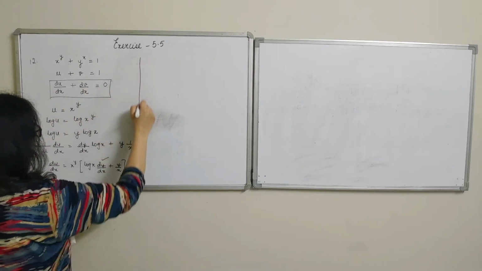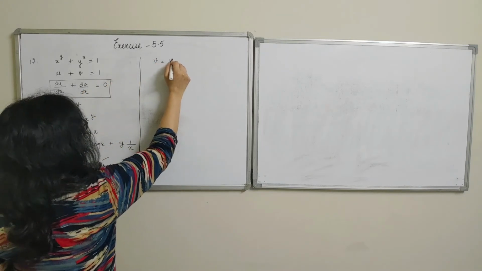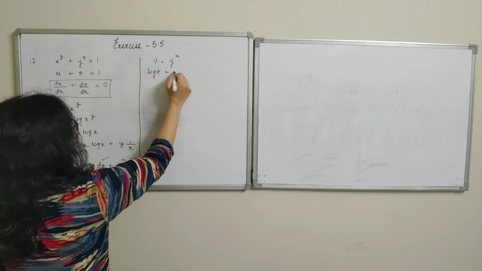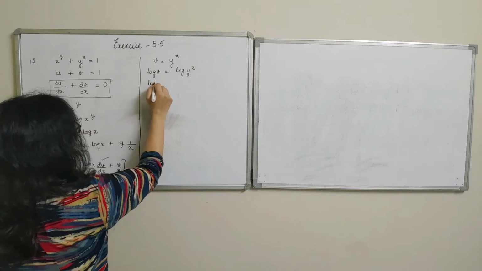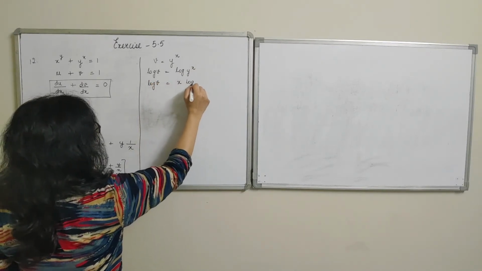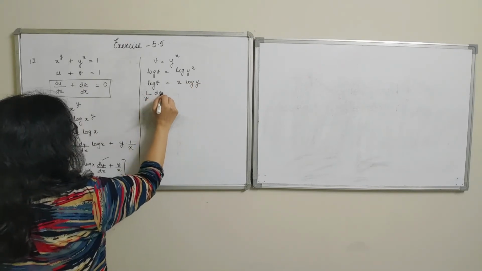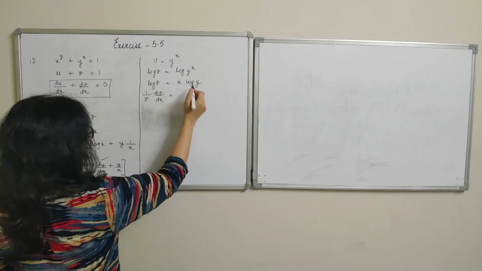Next, let's find dv by dx. V is y to the power x, so taking log on both sides, log v equals x log y, using properties of log. Now differentiate both sides with respect to x. On the right side, we are once again using the product rule.